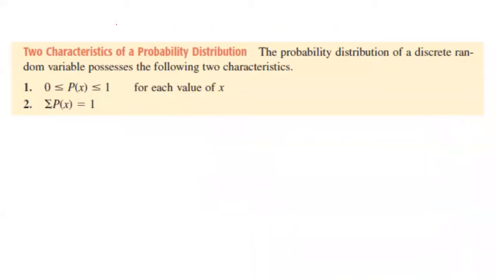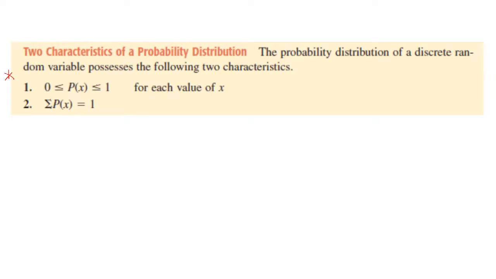Okay. Another important aspect is the two characteristics of a probability distribution. Remember these two. The probability distribution of a discrete random variable possesses the following two characteristics. Number one, for each value of X, the probability of X lies within the interval 0 to 1.